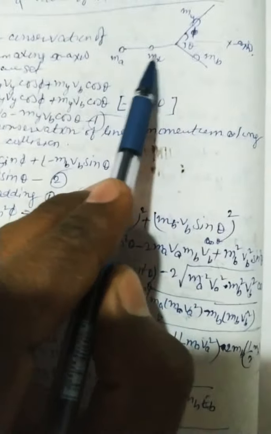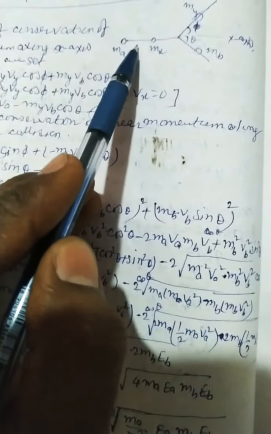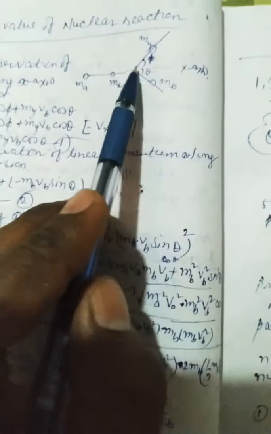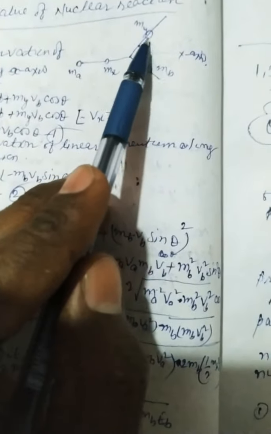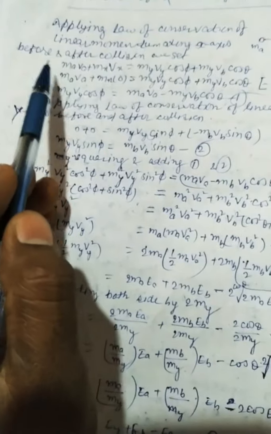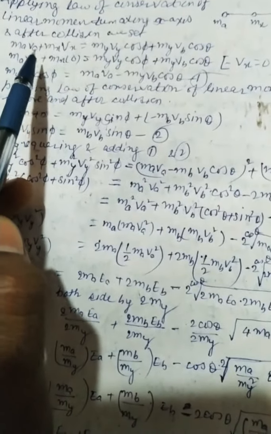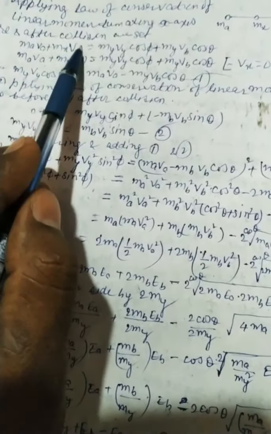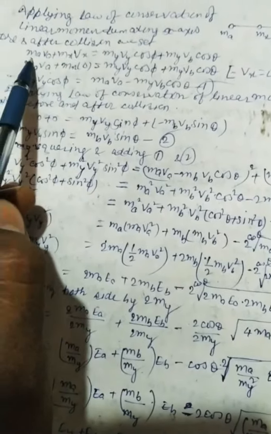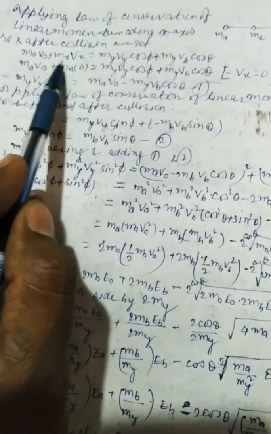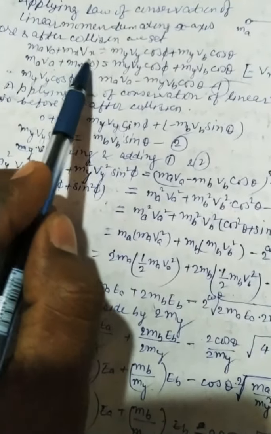This is the x component of the projectile particle and the target nucleus, and this is the y component of the outgoing daughter nucleus and the outgoing particle. Before collision we have the target nucleus and the bombarding particle, that means the projectile particle. So before and after collision we get MAVA plus MXVX.